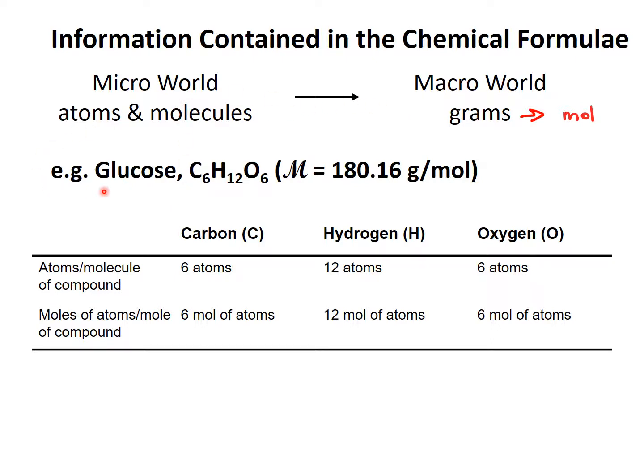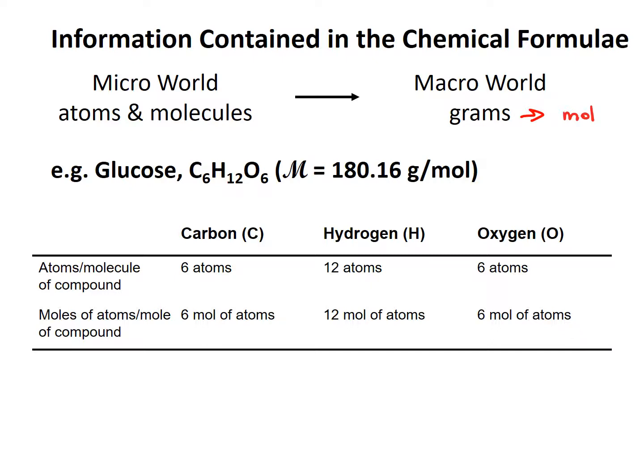So, for example, glucose, which has the chemical formula C6H12O6, tells us that in each molecule of glucose, there are 6 carbon atoms, 12 hydrogen atoms, and 6 oxygen atoms in each molecule. Similarly, we know that in each mole of glucose, there are 6 moles of carbon atoms, 12 moles of hydrogen atoms, and 6 moles of oxygen atoms.